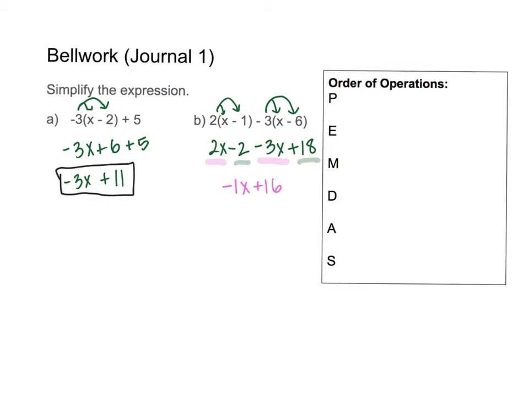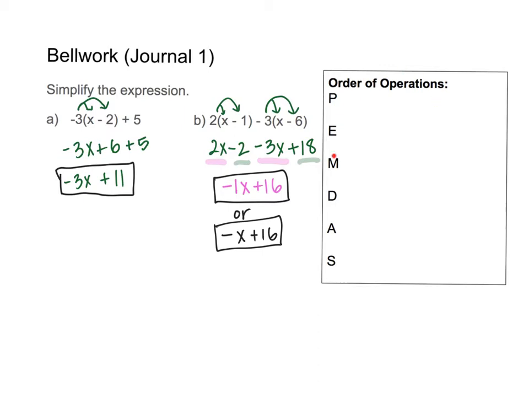So you can either write your answer like this, or you could have written it as -x plus 16 without the 1 in front of the x. Because let's remember, whenever x doesn't have a number in front, you can always assume it's 1, because 1 times anything is just itself. So whether you write the 1 or you don't write the 1, doesn't matter. Know that the 1 is always there.